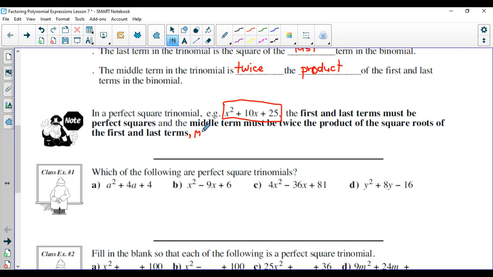And I'll say multiply by the sign of the b term.